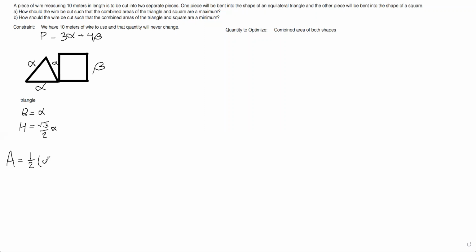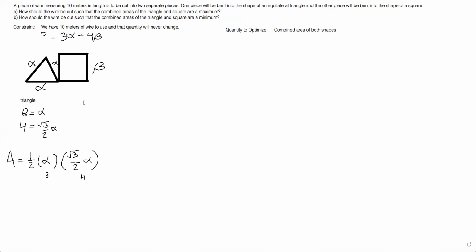One-half base, which is alpha, times height, which is square root of 3 alpha over 2. This is our height. And then perimeter, we already know that the perimeter of this triangle is going to have to just be 3 times alpha.